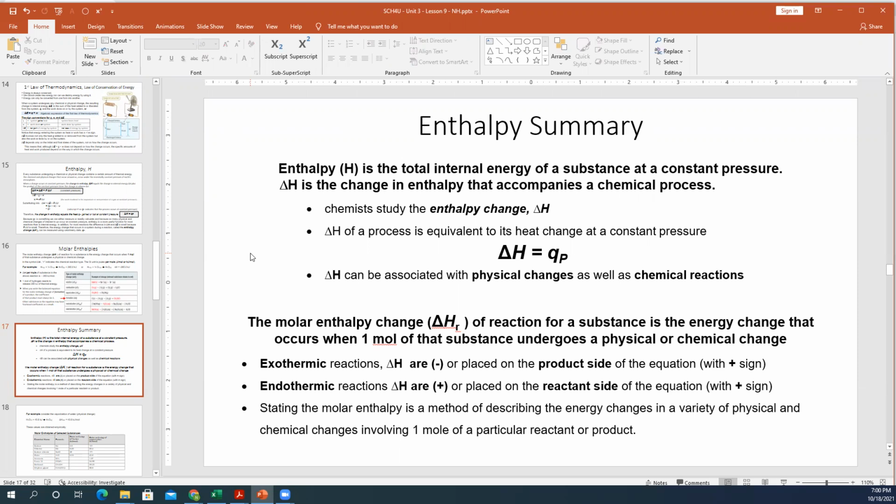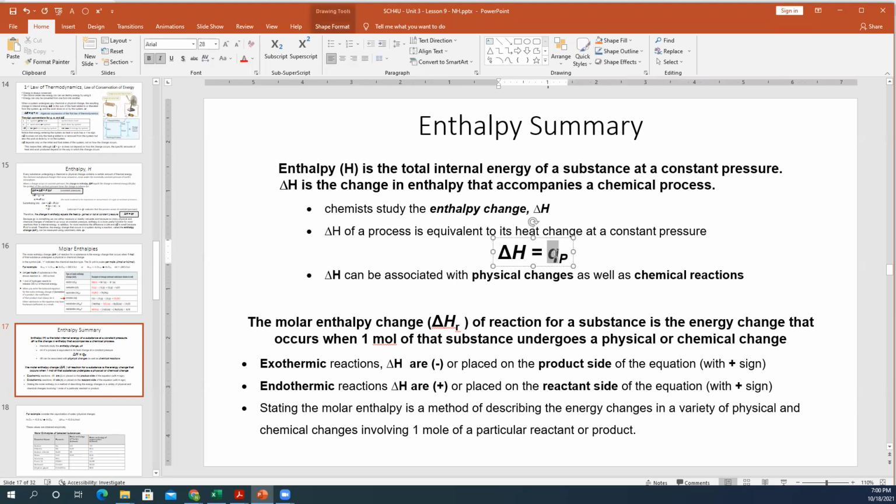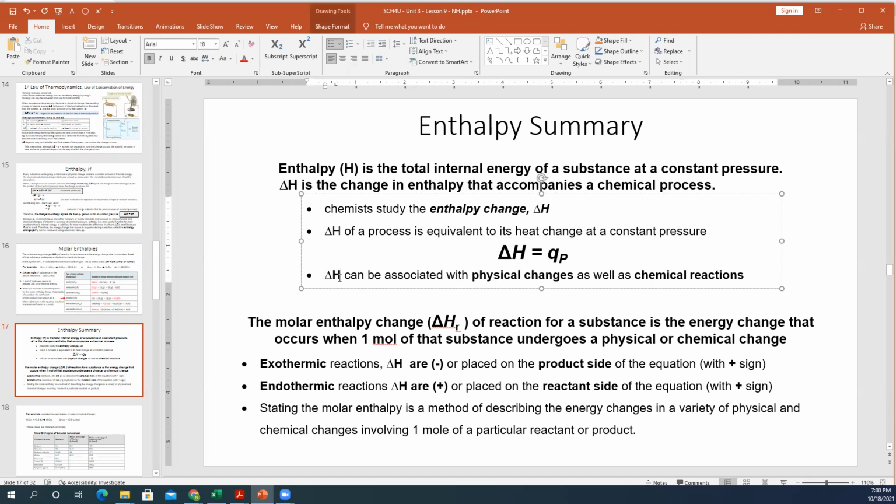And the delta H, the change in enthalpy of any process at constant pressure, is equal to its change in heat at that constant pressure. It's equal to Q. And so delta H can be associated with physical changes, such as melting or vaporizing, as well as chemical reactions, such as chemicals reacting together, or a combustion reaction, neutralization reaction.